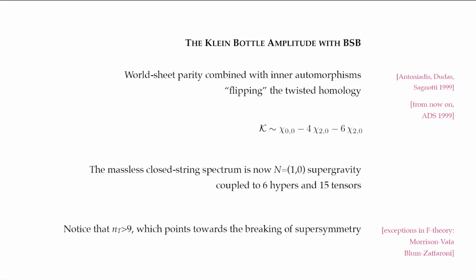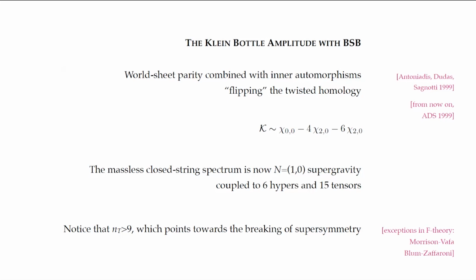And these minus signs are crucial because now this object antisymmetrizes the Klein bottle Neveu-Schwarz vectors, and symmetrizes the Ramond one, which implies that now the massless spectrum of the closed string sector comprises 1,0 supergravity, always in 6 dimensions, which is now coupled to 6 hypers and 15 tensor multiplets. And among these 15 tensor multiplets, precisely 10, the 4 plus 6, come from this G squared twisted sector, because precisely of the minus sign.